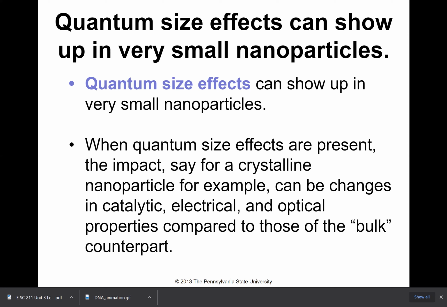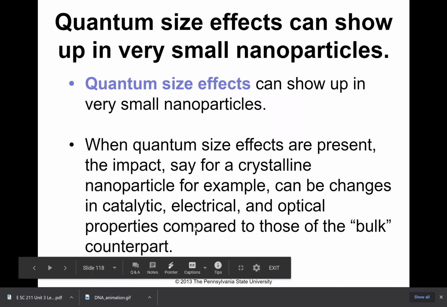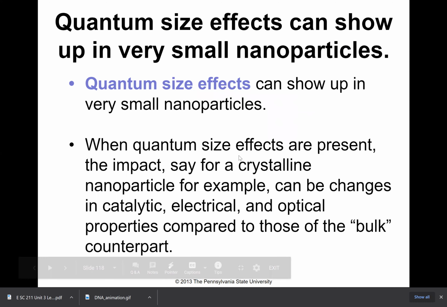The hafnium crystals do. That way you could use a lower energy source and get the same results, so you don't damage as much of the healthy tissue around that tumor. So besides electrical, optical, and catalytic properties, I think there can be other properties that are affected as well.